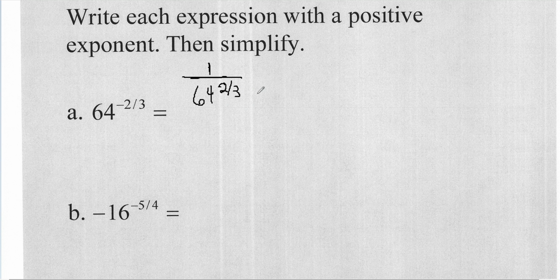And then to simplify this, I'm going to do what I know how to do with this 64 to the 2/3 and change it into a radical expression. So it's going to be 1 over something. And let's take this 64 raised to the 2/3. So it's going to be 64 under the radical sign. I've got an index of 3, and it's all raised to the second power.